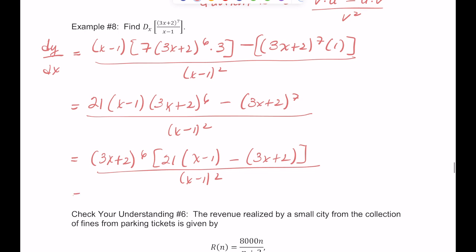And then I'm going to have (3x plus 2) to the sixth times 21 times (x minus 1). So actually we can distribute just to save some steps here. And then distribute. And then all over (x minus 1) squared.